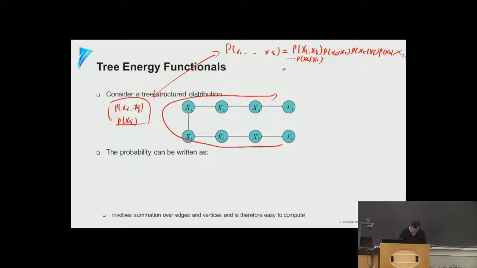And then if I do a little bit more, you could also realize that here I have x7 and x8, and here I could express this as x6 and x7 divided by p of x7, right? And I also could write down p of x5 and x6 divided by p of x6, right?